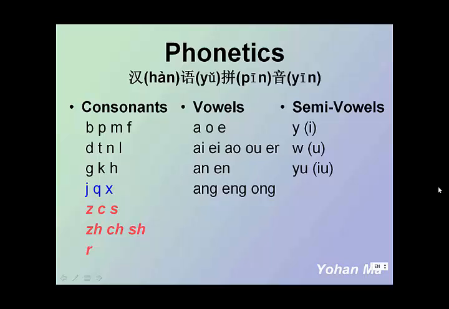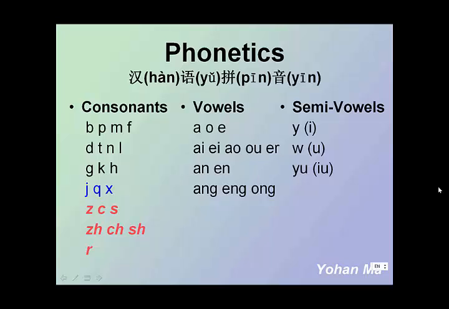C is C, which we have in English also, like cats, many cats. That's Z, C, and S is easier. Same in English. Z, C, S.